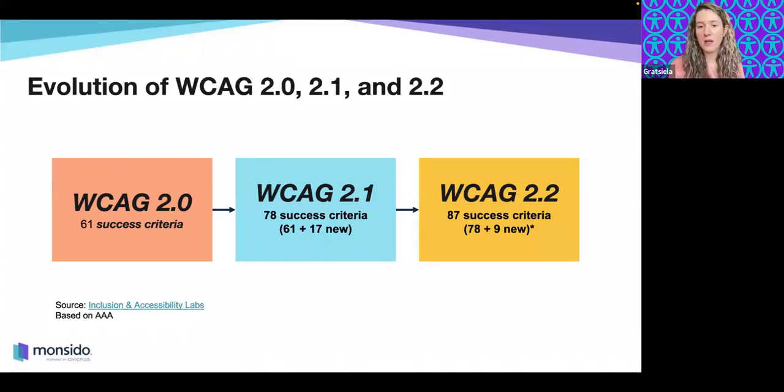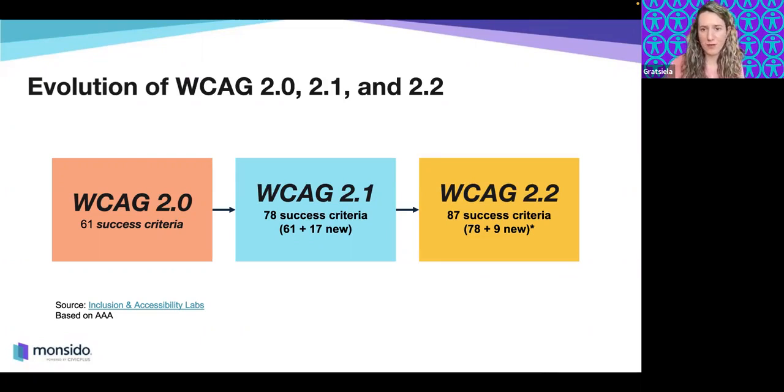And the one that is going to be released soon, official date we don't know yet, but approximately April, maybe end of April, what the press is mentioning at the moment is WCAG 2.2, which is going to be based on the AAA level with 87 success criteria.